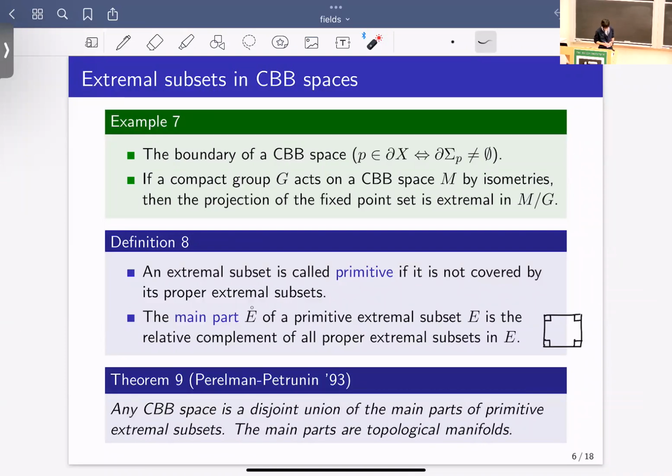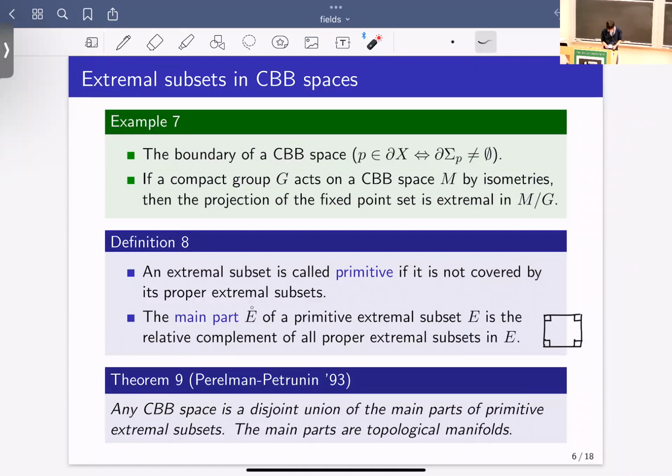Okay, and actually this holds for any subgroup of G. So in particular, if M is a Riemannian manifold and G is a Lie group, then, as I said, M can collapse to M over G, and the fixed point set forms an extremal subset of the limit space. Okay.